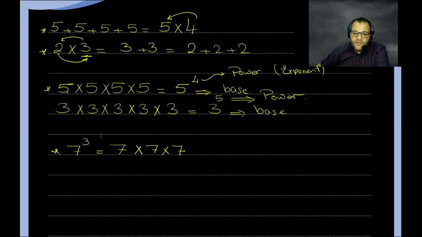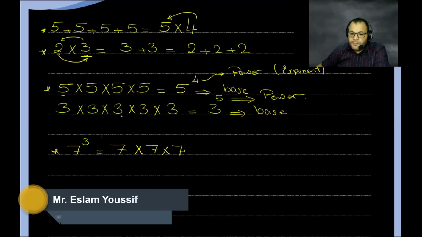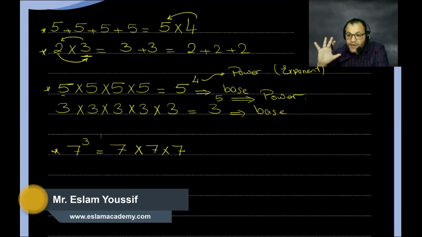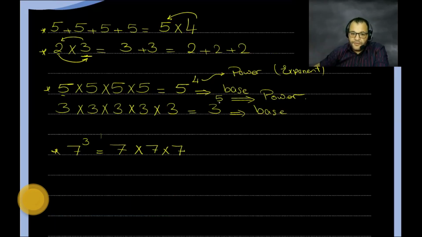So when I say 5 times 5 times 5 times 5, it means 5 is repeated 4 times in multiplication, so it will be 5 to the power 4. Again, 3 times 3 times 3 times 3 times 3: 3 is repeated 5 times in multiplication, so it will be 3 raised to the power 5.